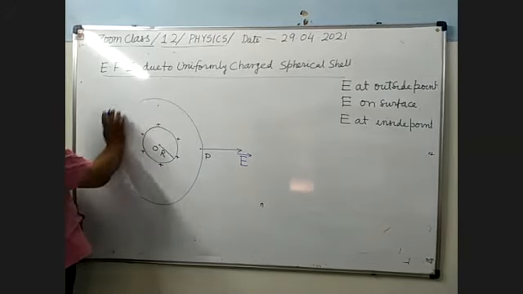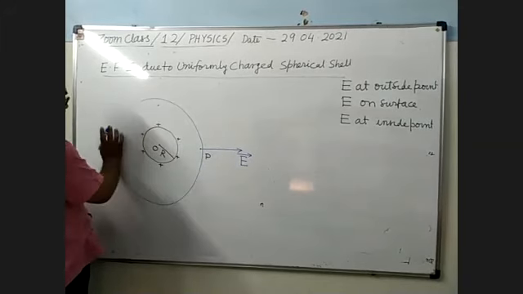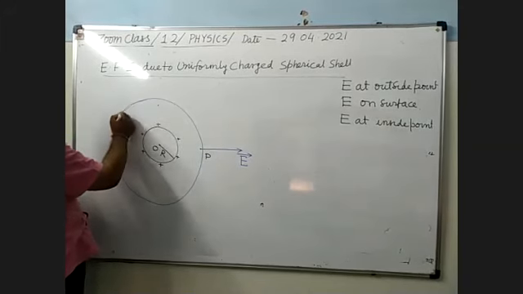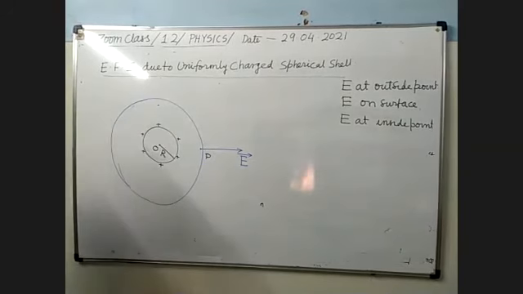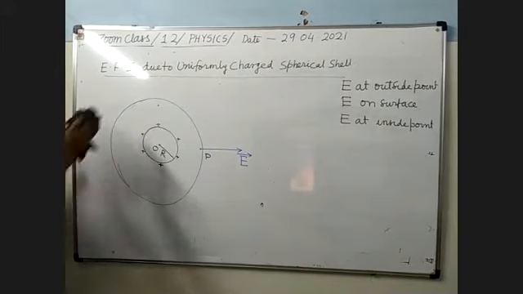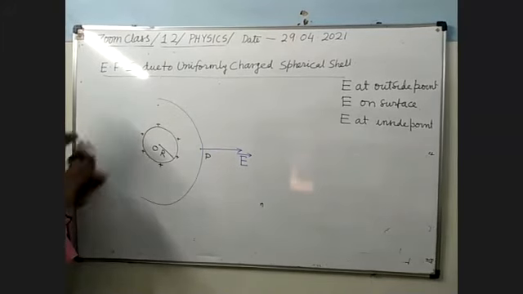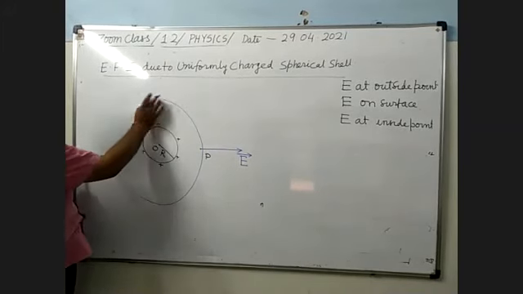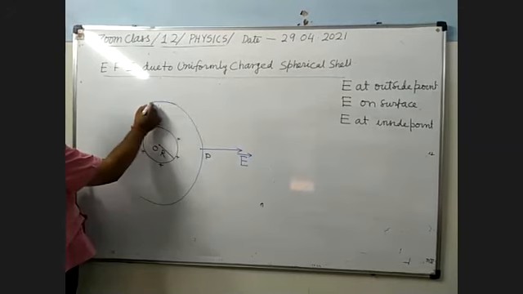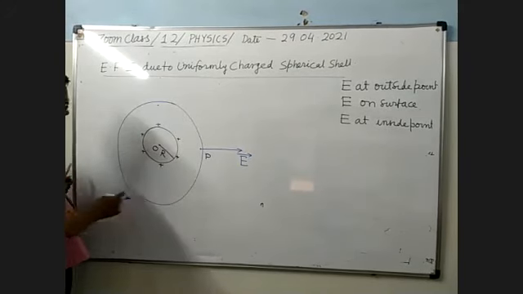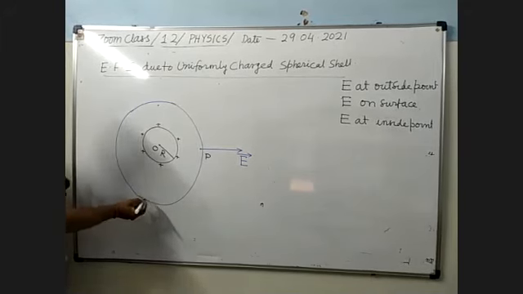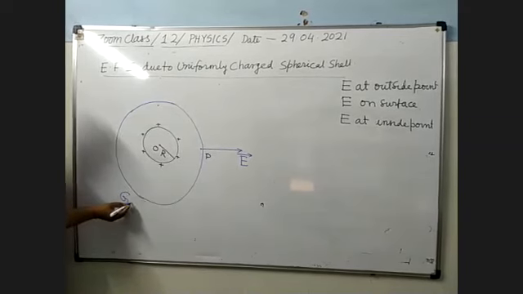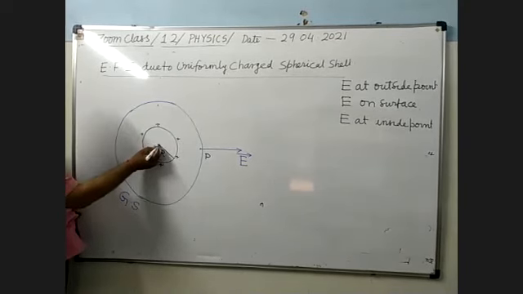ये उतना अच्छा स्फीयर नहीं बन रहा है. Gaussian surface will be spherical in shape and concentric to the charged sphere. Now this Gaussian sphere is having the same center as this.